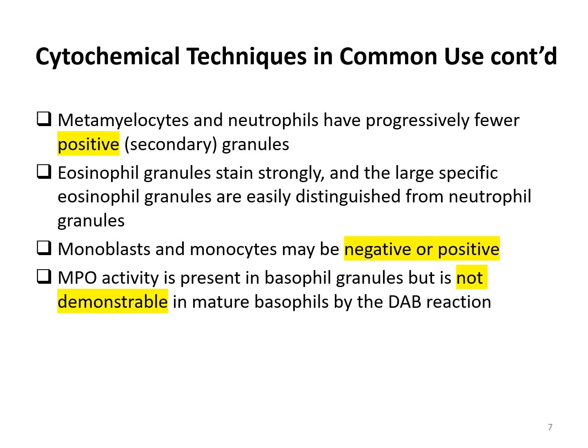Metamyelocytes and neutrophils have fewer positive granules. Eosinophil granules are strongly stained and large, so they are easy to distinguish from neutrophil granules, which are much smaller. The monoblasts and the monocytes may be negative or positive, so there is a variable result. Basophil granules cannot be demonstrated using this reaction.